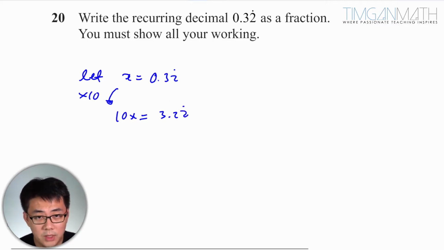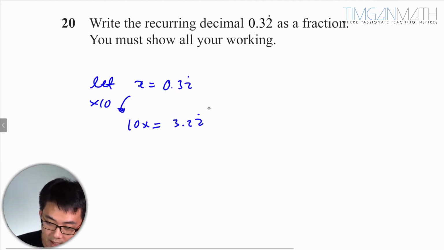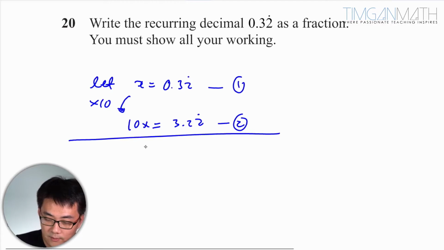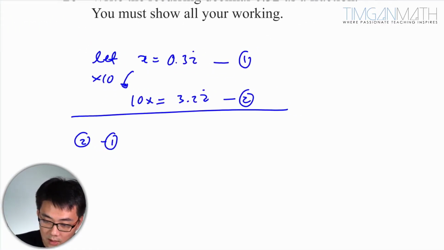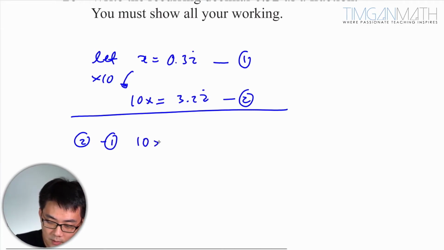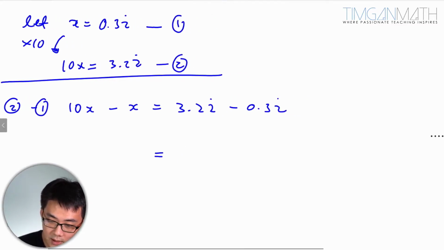Now the reason why I'm doing this is because I need to get rid of my recurring numbers behind. I could just take 2 minus 1. You take 10x here, minus x will just be 3.22 ... minus 0.32 ... and that will give you essentially, look at this will cancel away.